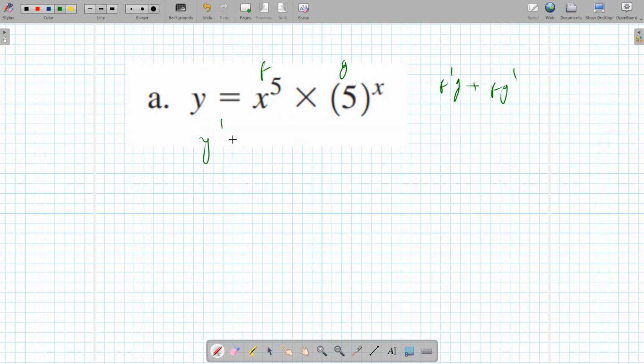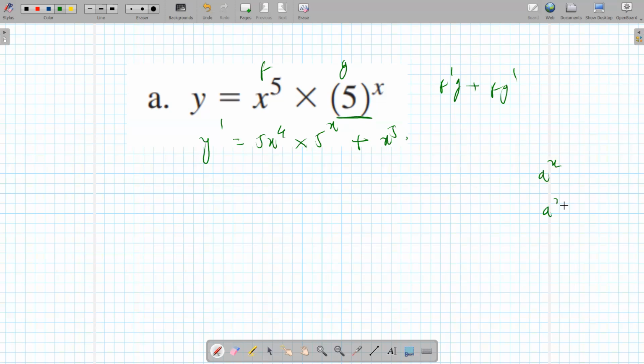What's f prime? 5x to the power of 4. Yep. What's g? Well, g is as it is. Plus f as it is. What's g prime? So we're trying to find the derivative of this exponential function.